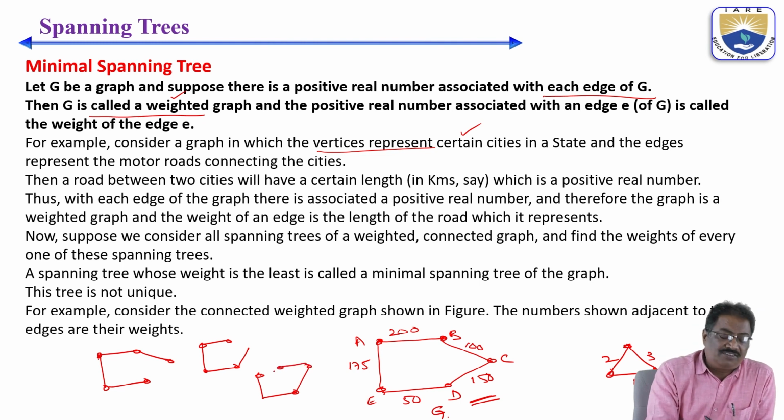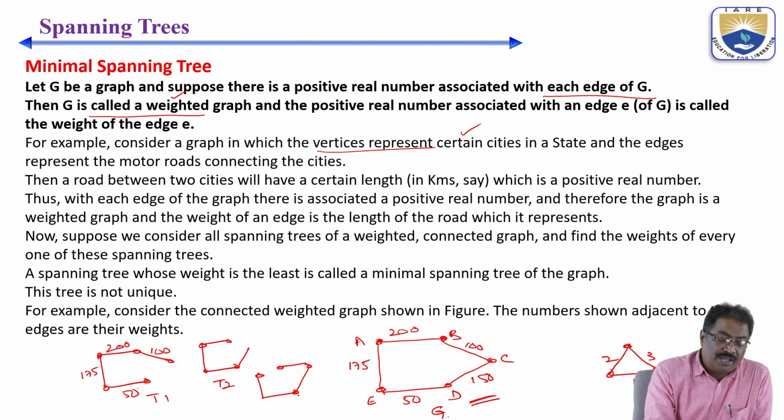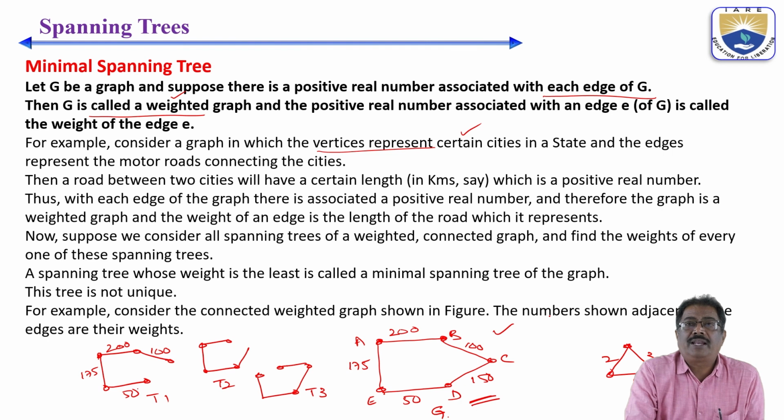Each and every spanning tree will have some weight. Adding all the weights, we get the weight of this tree. Similarly, this tree also has some weight, and this tree also has some weight. So from this graph, we can have many spanning trees.